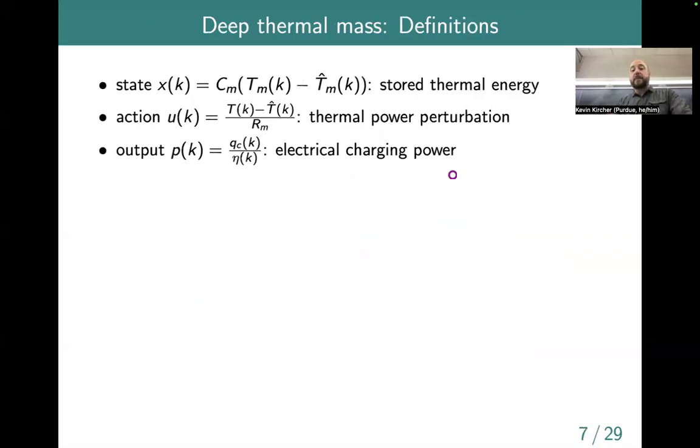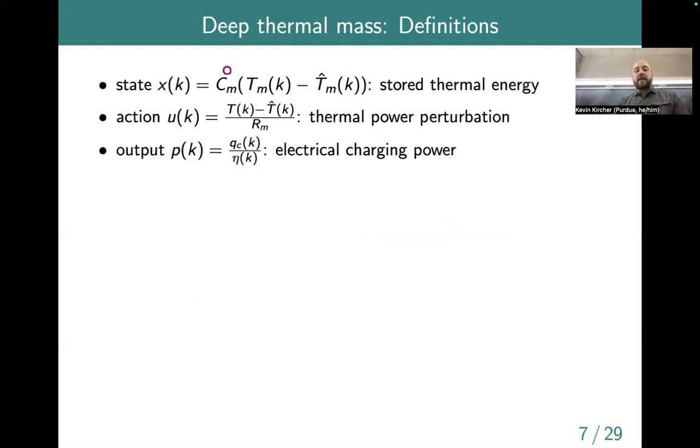Okay, so we can play a similar game with the deep thermal mass. This again would be like the cinder blocks, the concrete that's in the walls, in the floor, and things like that. Basically, we charge that by warming up the indoor air, or cooling down the indoor air if we want to store cooling. This again is defined in a perturbation sense.